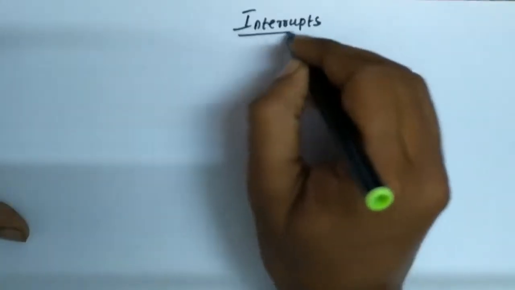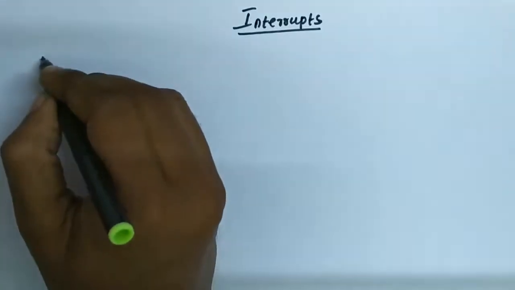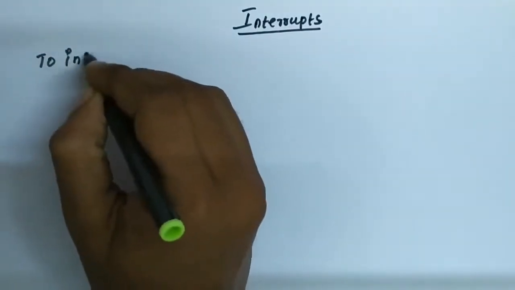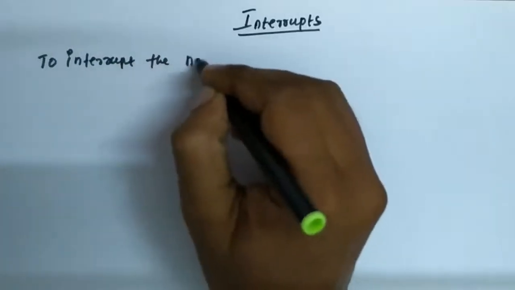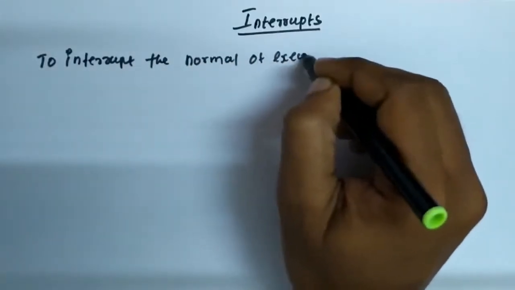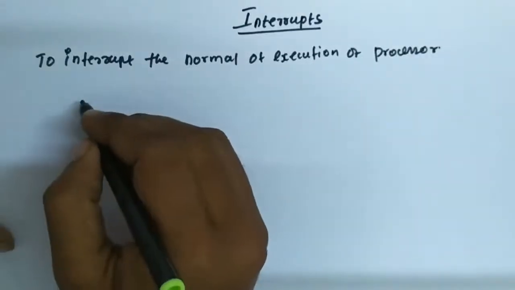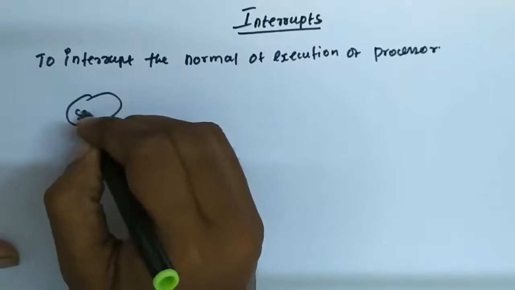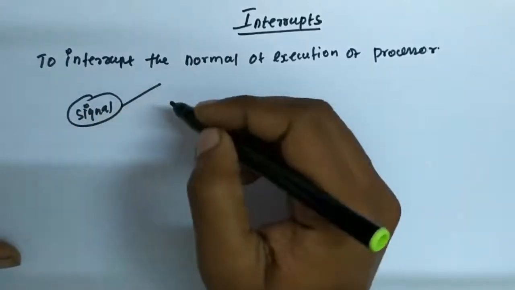So generally, what is an interrupt? An interrupt is something that interrupts the normal execution of the processor. This interrupt is nothing but a signal. It is generated by two things.